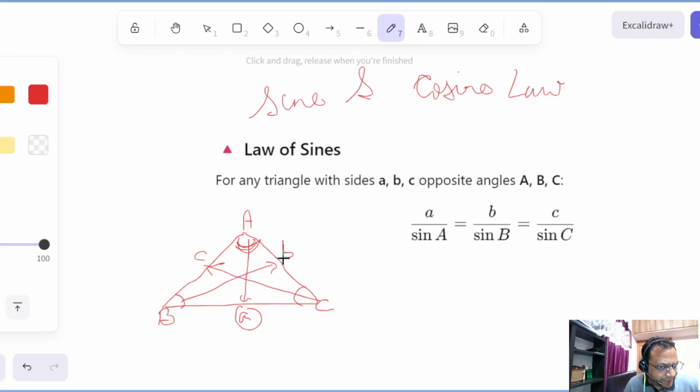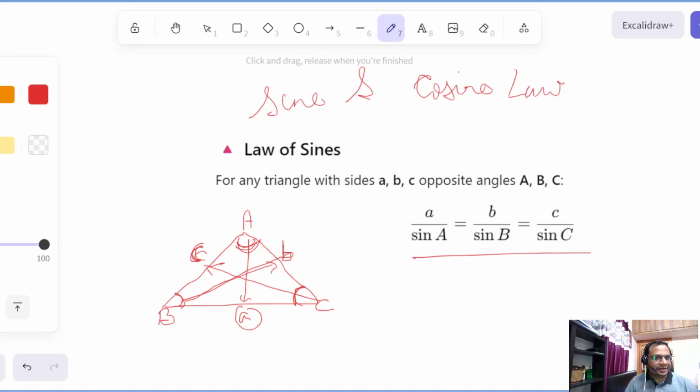Similarly, b, this side, divided by the sine of the opposite angle, and c, the ratio of this side c with the sine of the opposite angle. All values will be the same. That's the law of sines. And this is very helpful to calculate the missing angles, missing sides for any triangle.